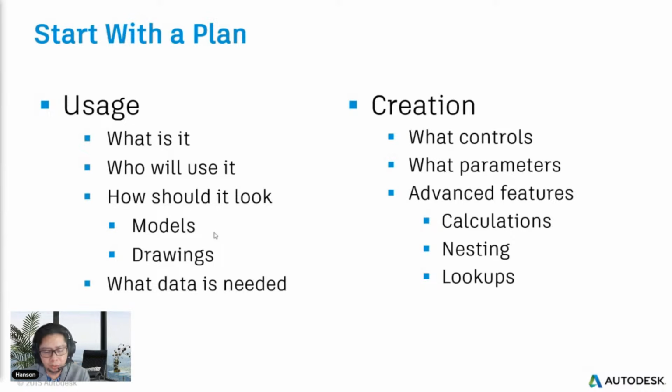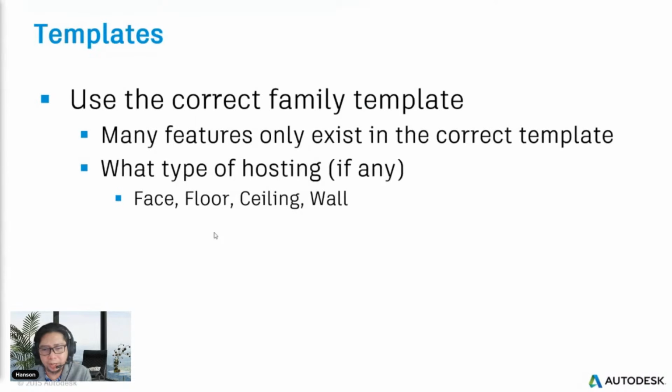For example, which diameter of pipe can be used on a certain pipe or a certain use. That's a sample of a lookup parameter. We will deal with that later.